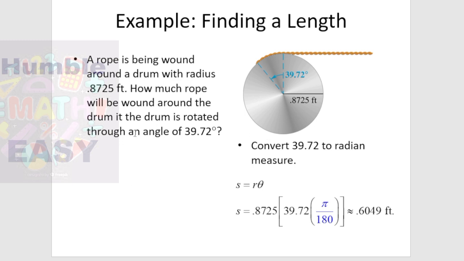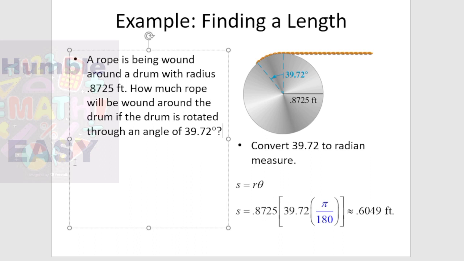So we now have to consider that the 39.72 degrees must be converted first into radian, which is 39.72 times pi over 180.